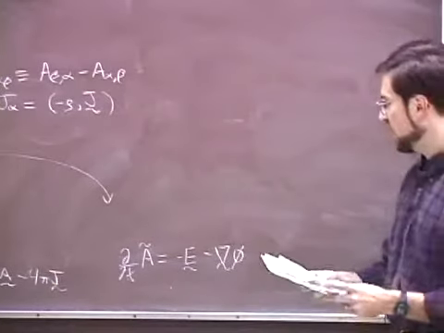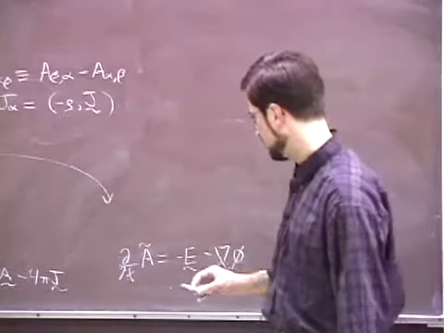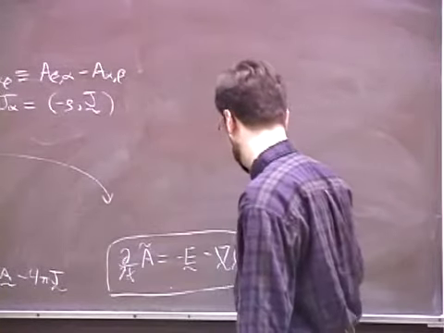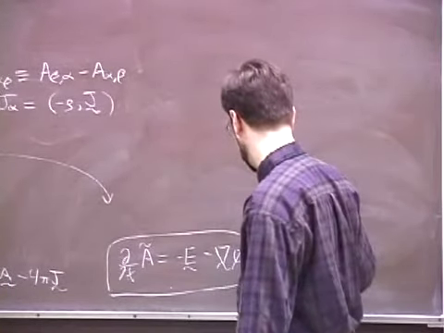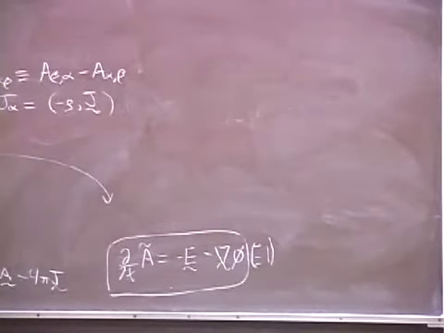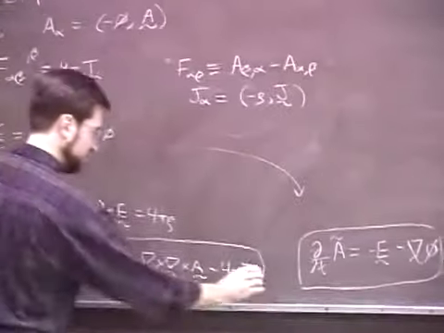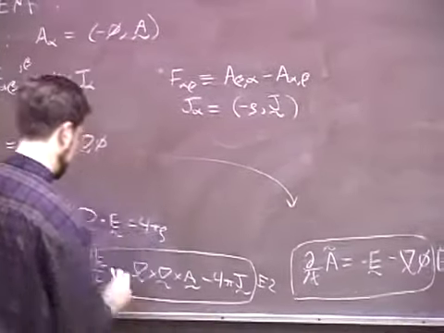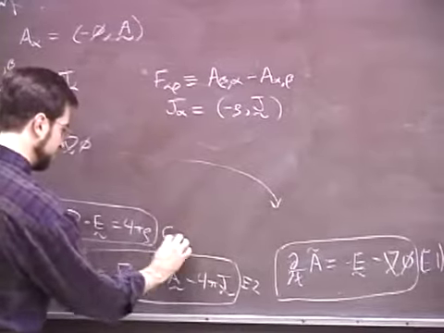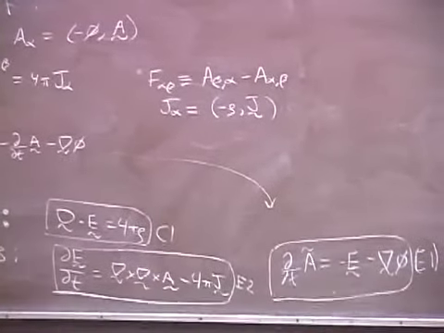So now what I have is this equation, which I'll call E1. I have this equation, which I'll call E2. And I have this equation here that I'll call C1.